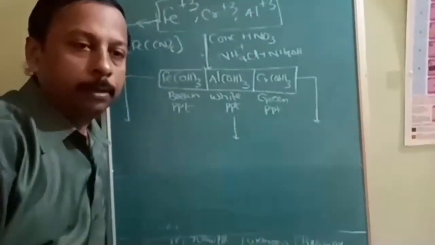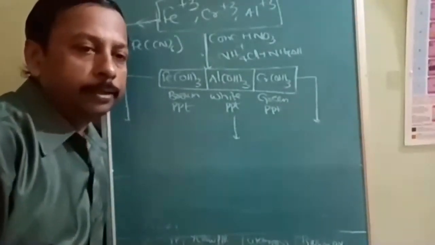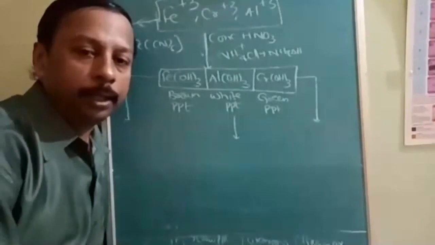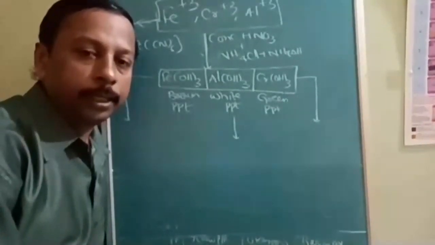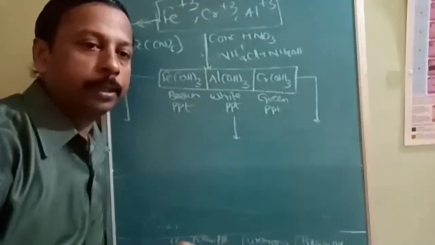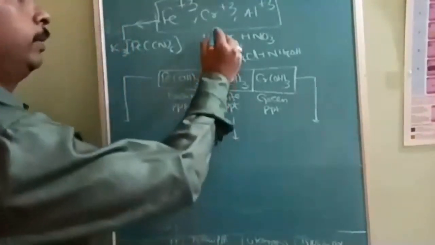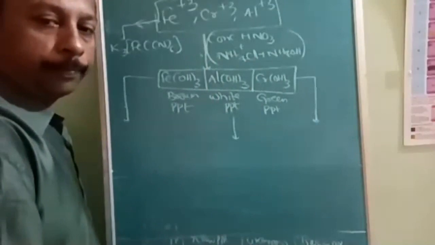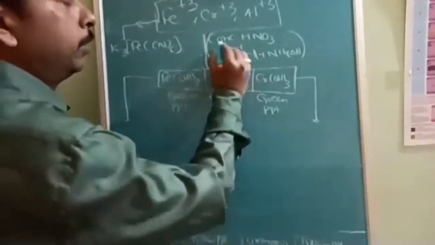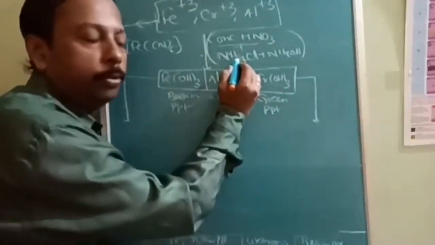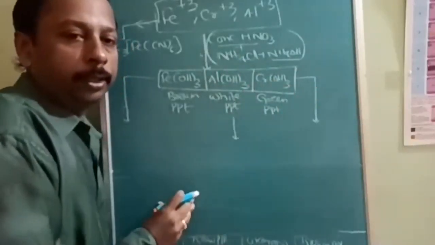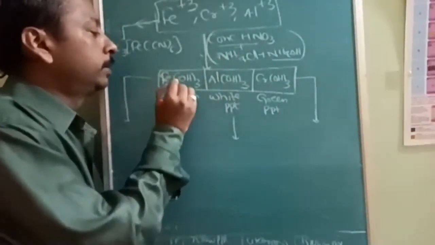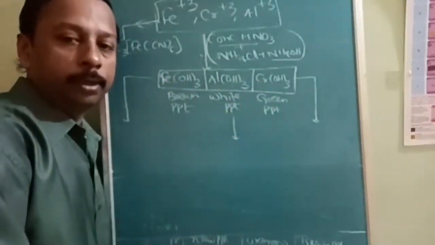Now first, if the given salt contains Fe+3, Cr+3 or Al+3, then after treating it with concentrated nitric acid followed by ammonium chloride and ammonium hydroxide, if they are present, they will be precipitated as their hydroxides.